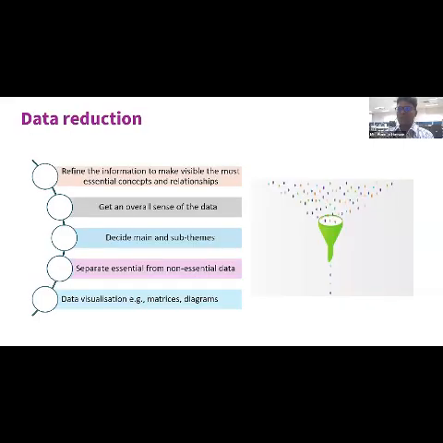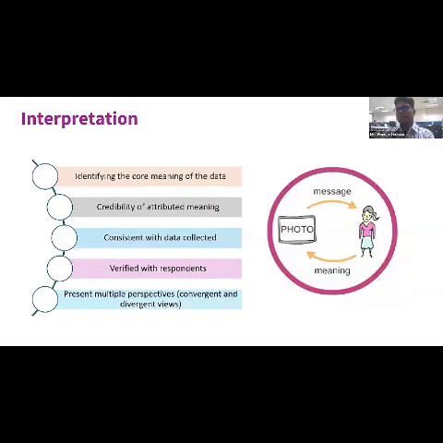subgroup is something. And in data reduction, we can get the overall sense of the data and decide the main themes and subthemes, and separate essential data from redundant data, and we can also visualize the data using a matrix and diagram.